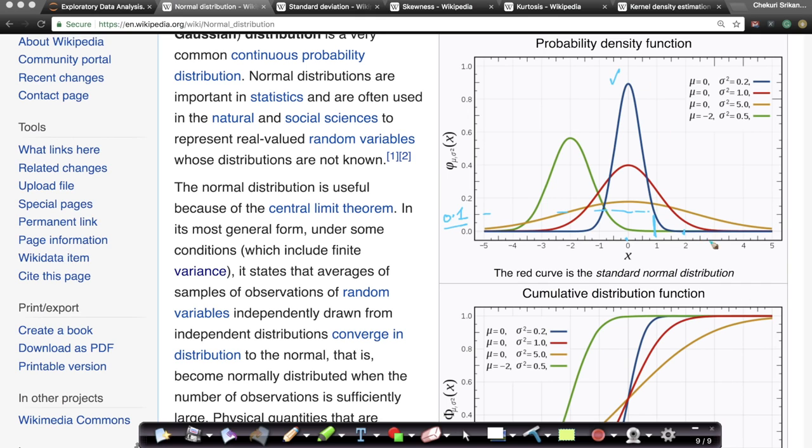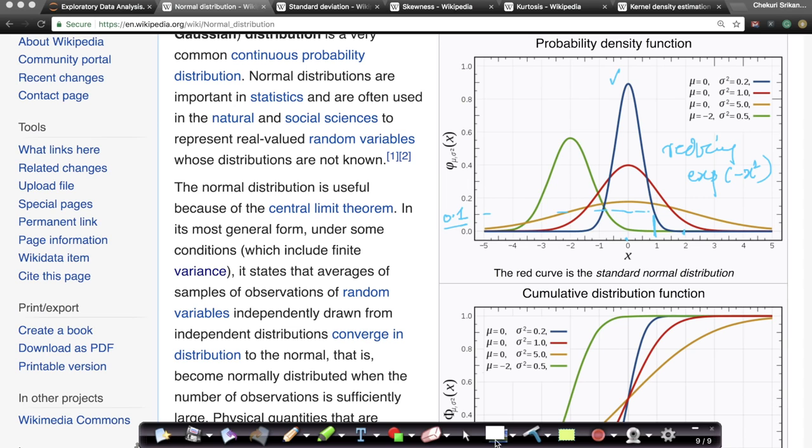So this bell-shaped curve is reducing exponentially with a quadratic function here. It's not just reducing exponentially, it's reducing with a quadratic function inside it, which means it's falling really, really fast.